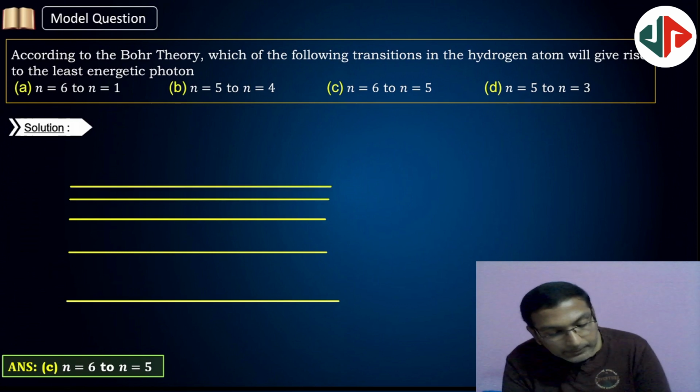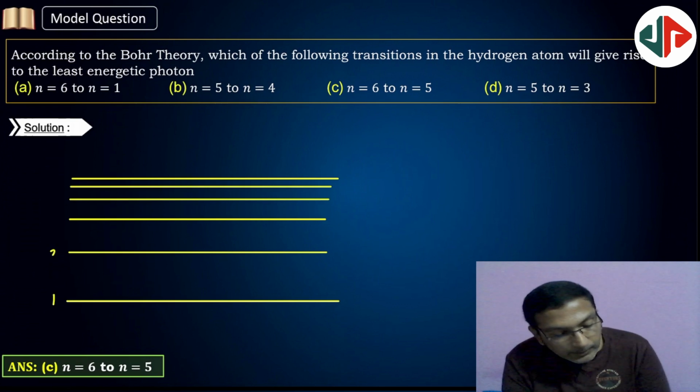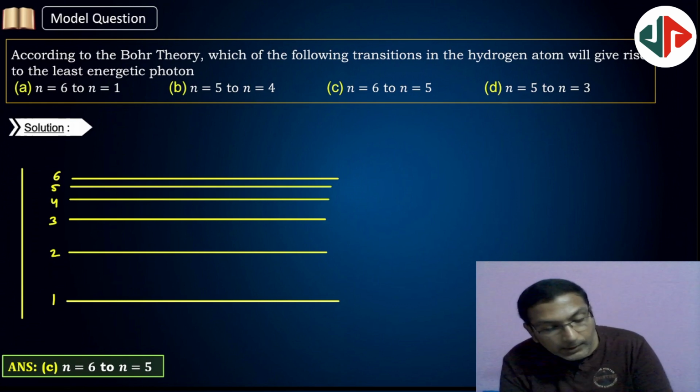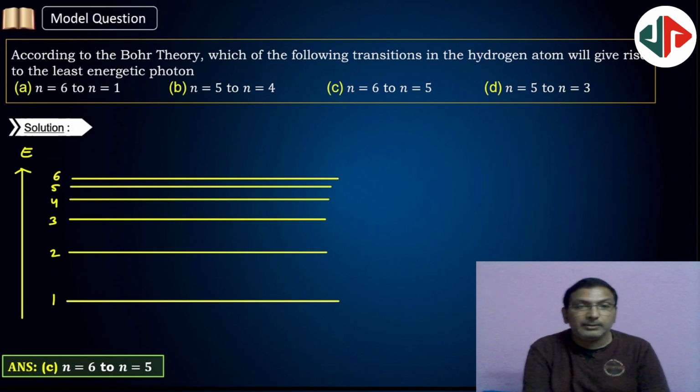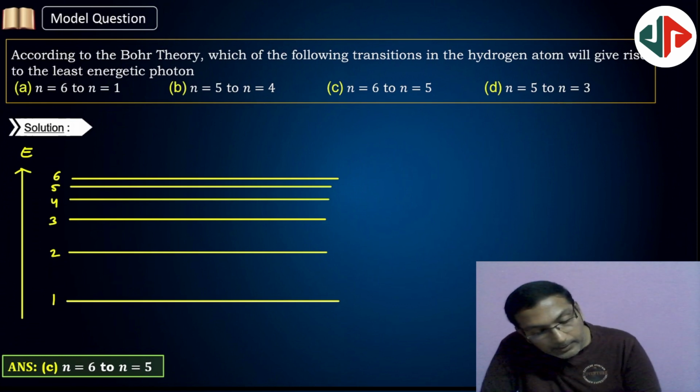Like this: 1, 2, 3, 4, 5, 6. So energy increases in this order. Energy axis. So as the n value increases, the difference of energy decreases.